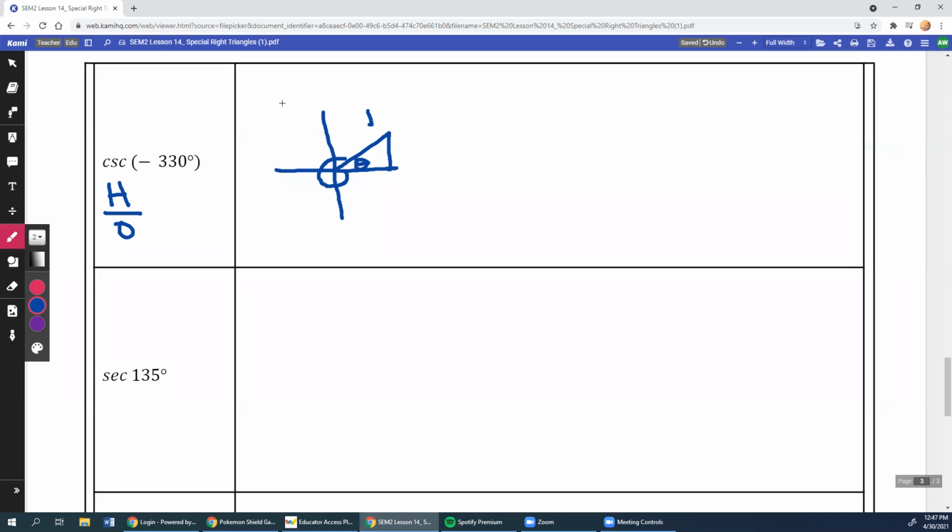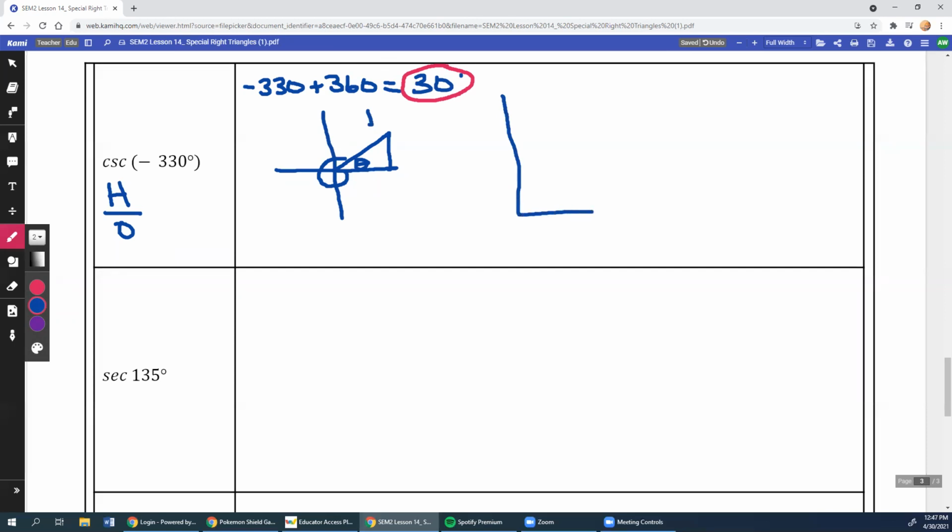But we have to find our reference or our coterminal. So negative 330 plus 360 is equal to 30 degrees. And because we are in quadrant 1, our coterminal and reference angle is the same. So we have 30 degrees.